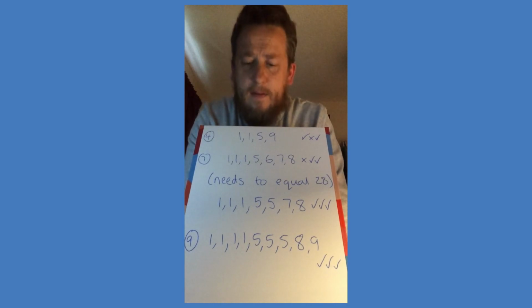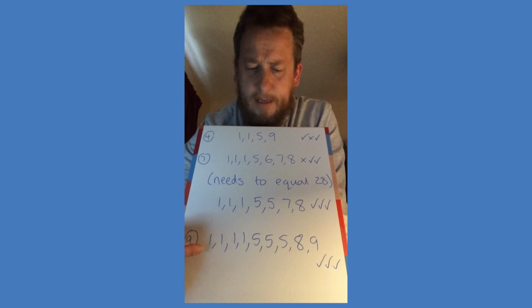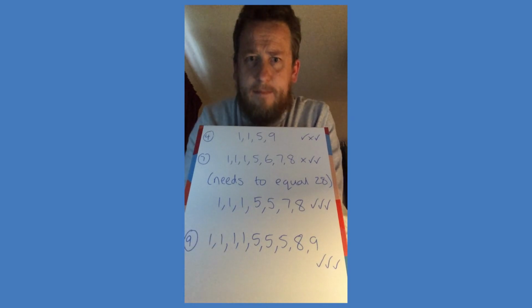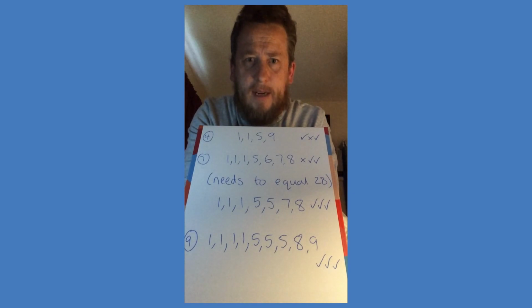Brilliant. Then I carried on, because I'd said to you under 10 numbers, so I thought I'd keep checking. If you look at this list of numbers at the bottom, you will see that once again I've got more 1s than any other number, so the mode is definitely 1.